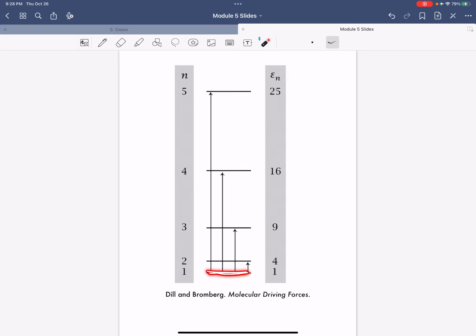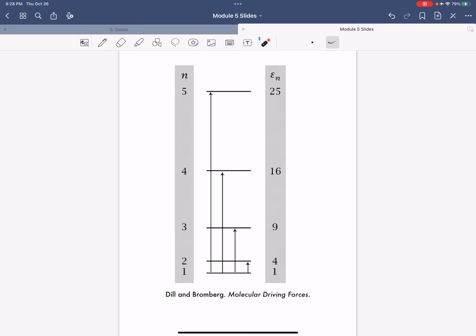So when the quantum number is equal to 1, we're at our ground state energy level, and we have an energy we'll define as 1. But when the quantum number is equal to 2, then the energy level is larger by a factor of 4 to 1. When the quantum number is 3, it's larger than the ground state by a factor of 9 to 1. So that spacing increases. And it keeps increasing as we go to these higher quantum numbers.